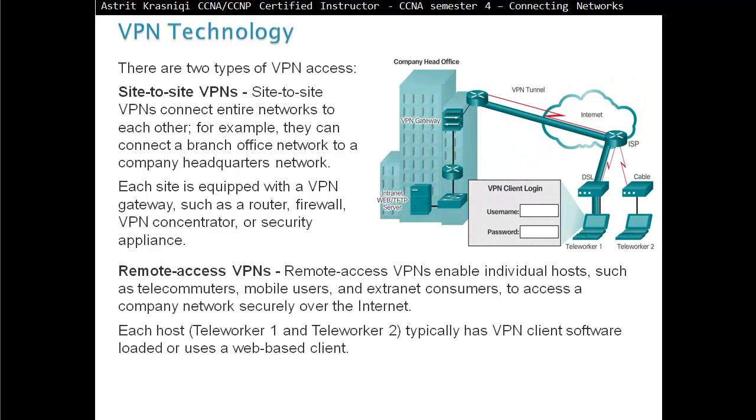Remote access VPN enables individual hosts such as telecommuters, mobile users, and extranet customers to access a company network securely over the internet. Each host, Teleworker 1 and Teleworker 2, typically has VPN client software loaded or uses a web-based client.